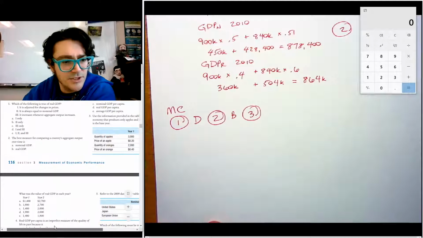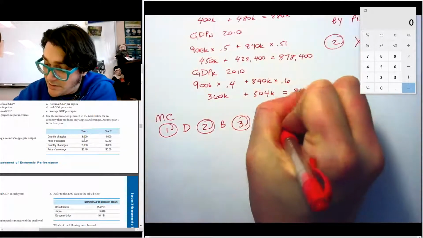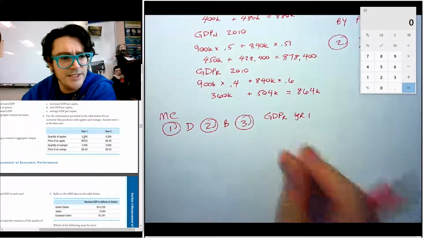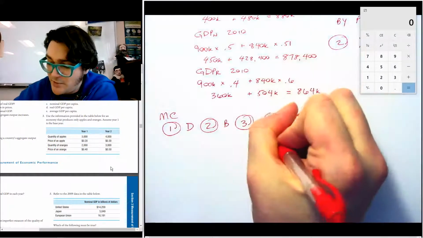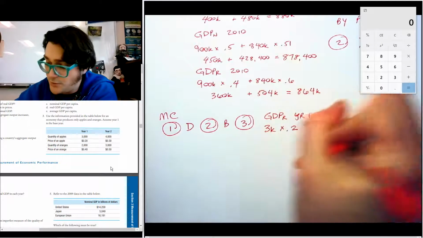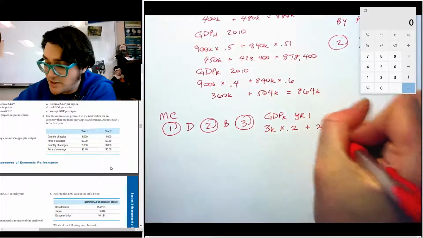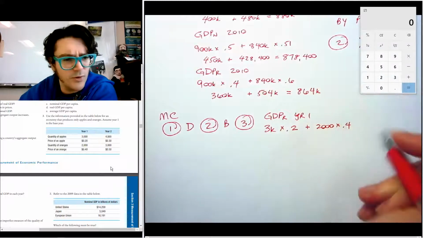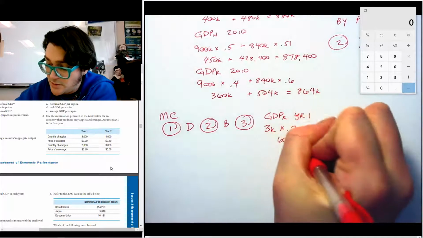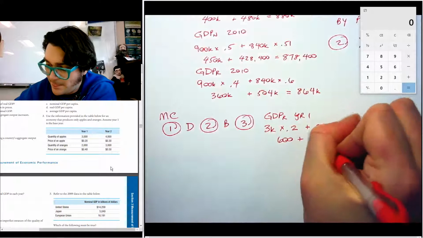In year 1, they had 3,000 apples times 0.2 plus 2,000 oranges times 0.4. So 1/5 of 3,000 is 600 plus 2/5 of 2,000 is 800.